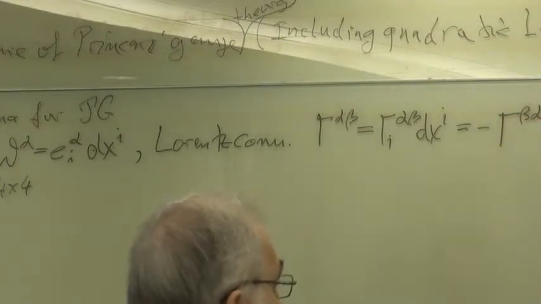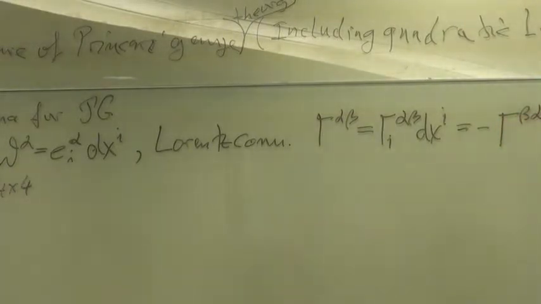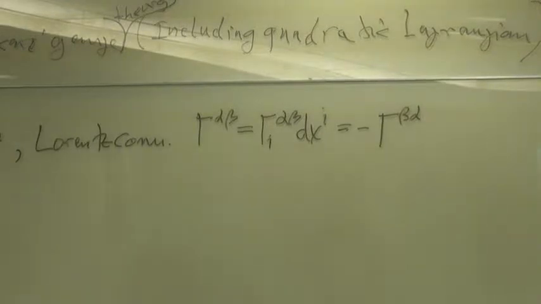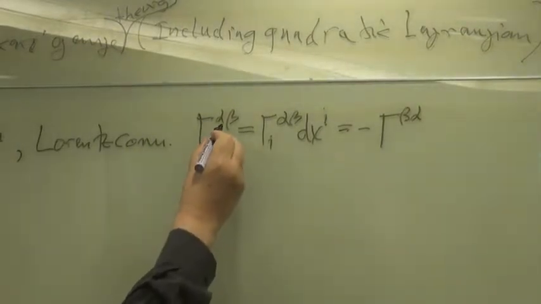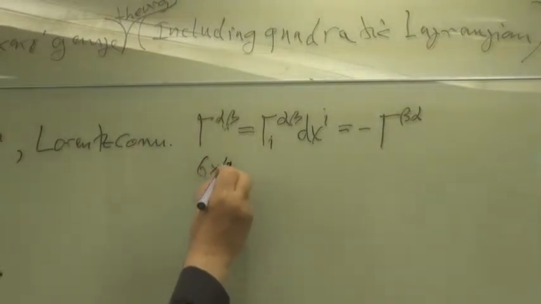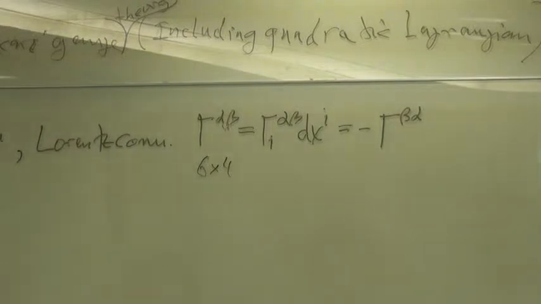So it's antisymmetric in alpha and beta if we choose an orthonormal frame. So alpha, beta gives 6 times 4, so we have 6 times 4 components. 4 plus 6 times 4.